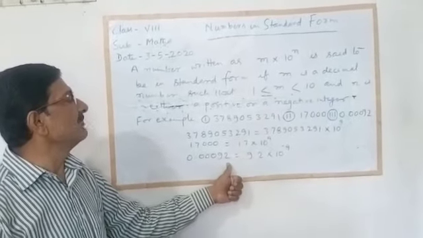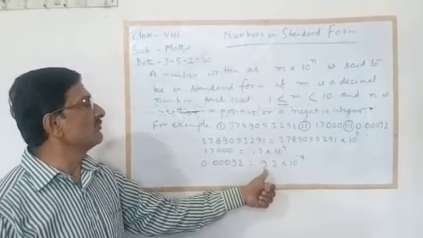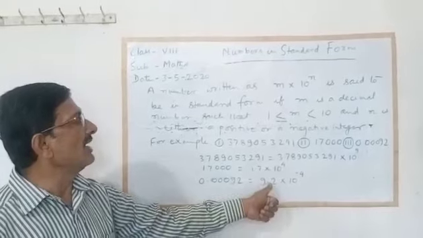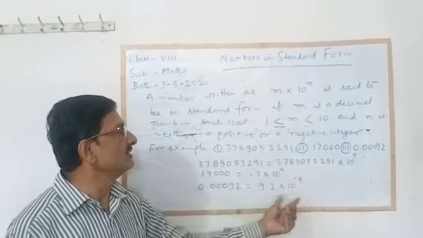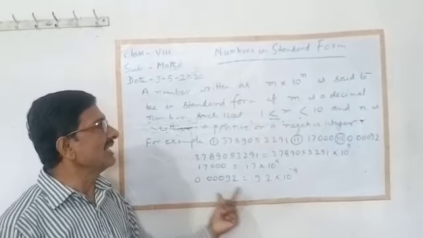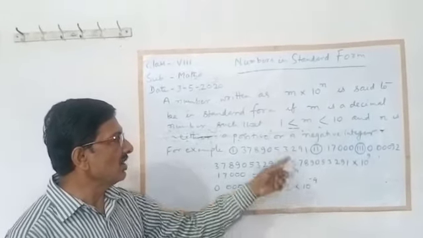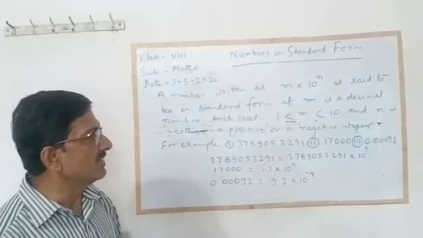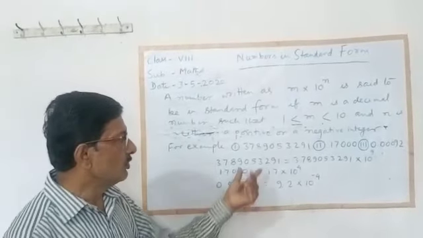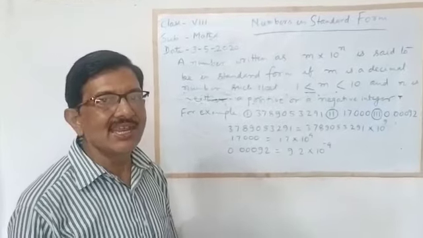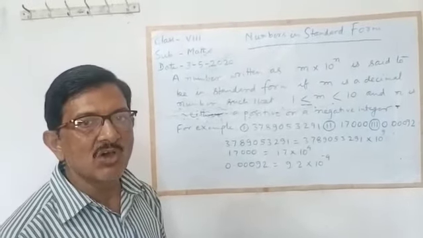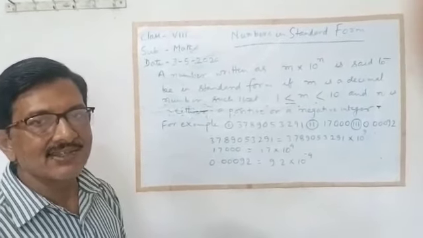So the given number can be written in standard form as 9.2 into 10 to the power minus 4. Both the numbers are equivalent. In all three examples, both sides are equal. So in this way we can write any large or small number in standard form.